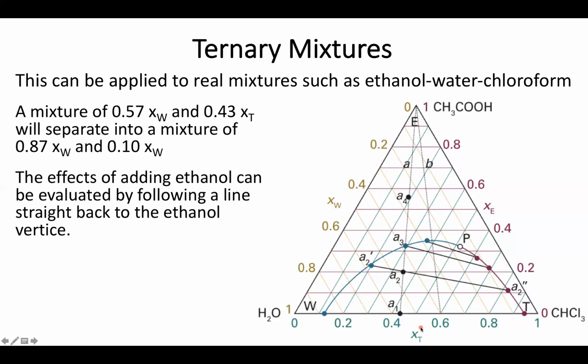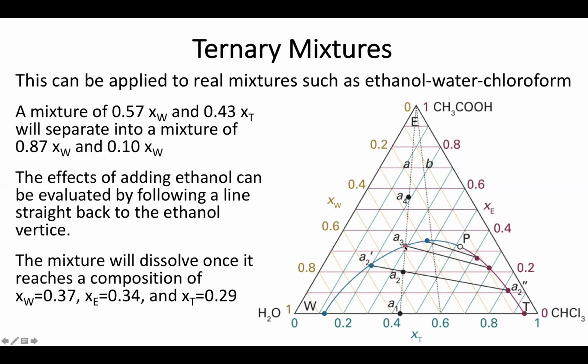You can imagine that something like this can have a lot of importance with things such as preparing samples or trying to drive mixtures of NMR solvents into a complete mixture that isn't going to separate out and ruin your spectra. When we do this, we can track the line back, and we'll find the system now becomes completely miscible at this point A3.